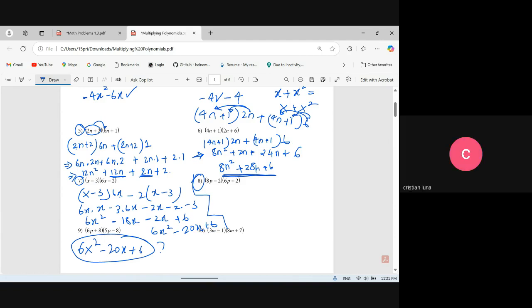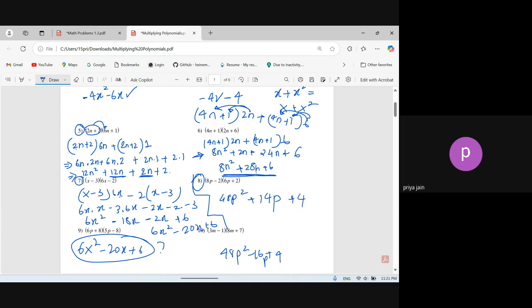Okay, so my final answer is 48p squared minus 16p plus 4. Okay, 48p squared is right. It's supposed to be 14p, I think. Can you check?